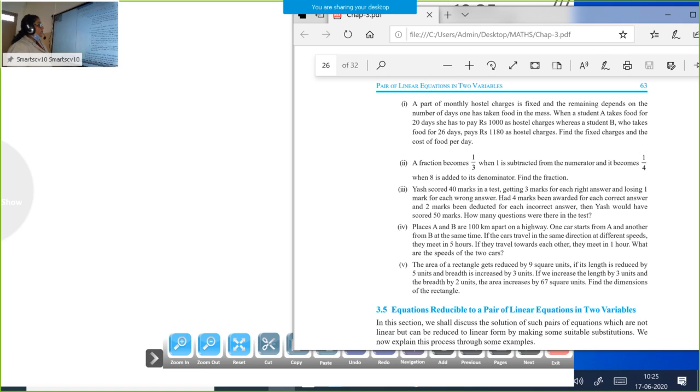Yash scored 40 marks in a test, getting 3 marks for each right answer and losing 1 mark for each wrong answer.